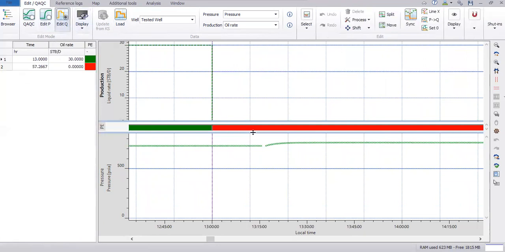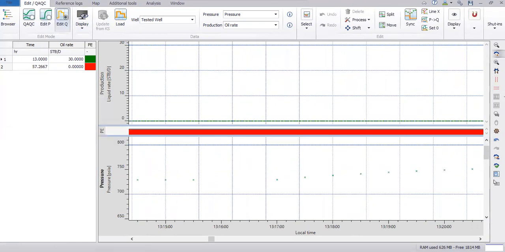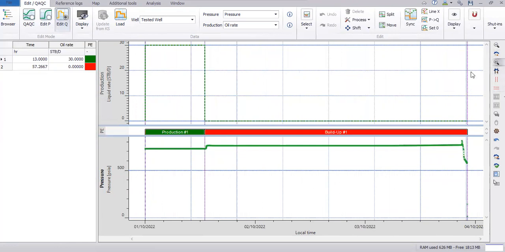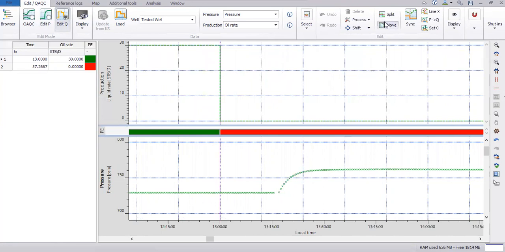flow rate. Okay, and then let's move it. Okay, so let me copy this one. It's 13.27, and this one, okay, 56.